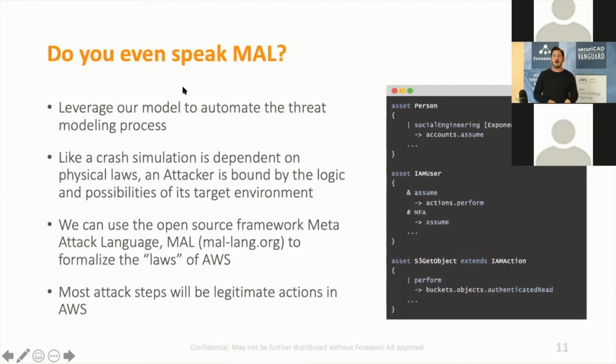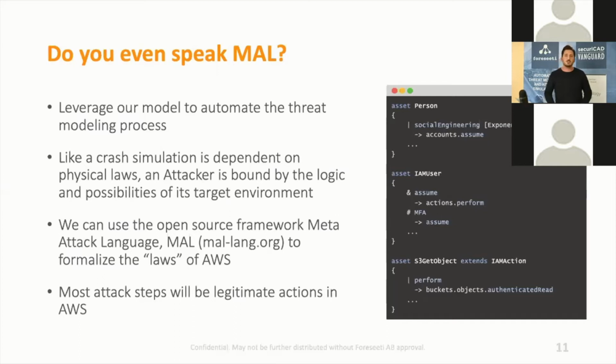So how can we then leverage our model to automate this threat modeling process and make it automated and unbiased as well? Just like the crash simulation with our car is dependent on physical laws that you simulate, an attacker is also bound, of course, by the logic and the possibilities of the environment, in AWS in this case.